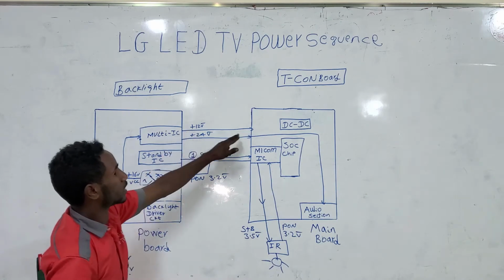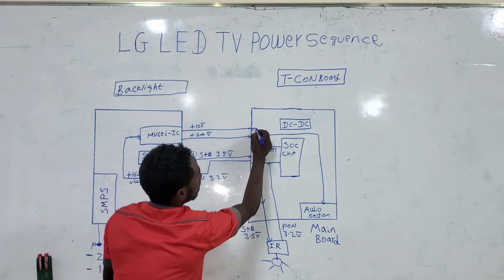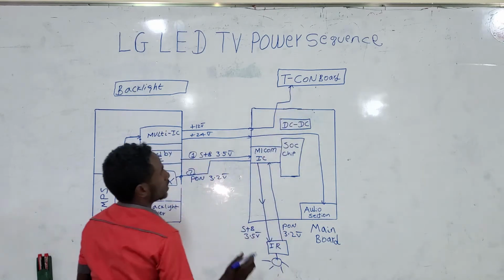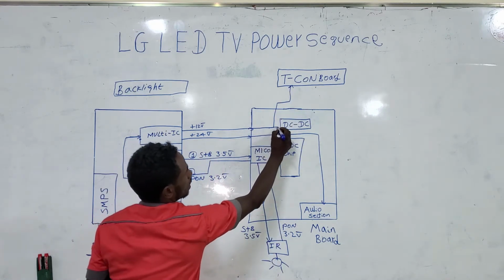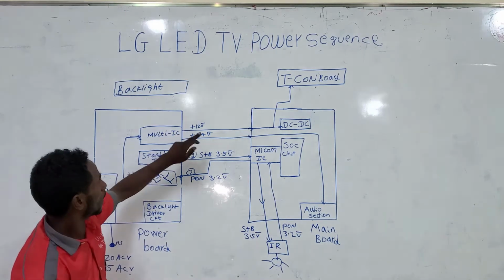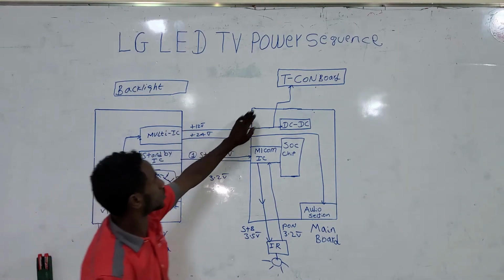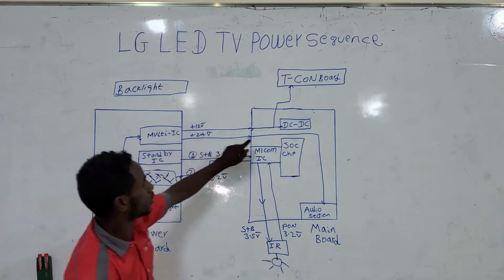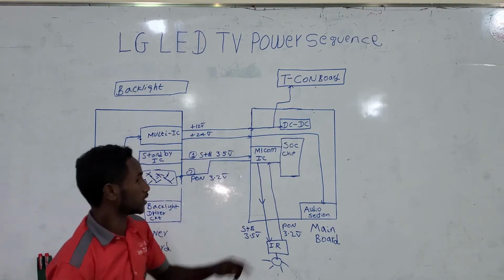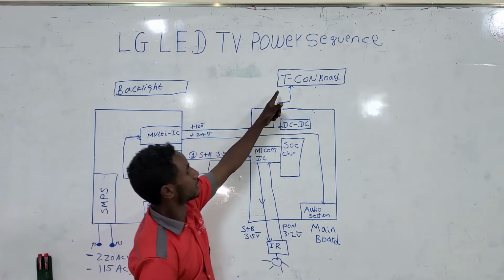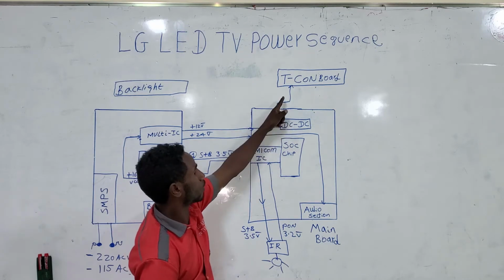The 12 volts goes directly to the T-con. The other goes directly to the DC to DC IC. As you see, we have plus 12 volts, and this plus 12 volts goes directly to the T-con board, and this plus 12 volts also goes directly to the DC to DC IC. Then the DC to DC IC receives plus 12 volts, and the T-con board receives plus 12 volts.